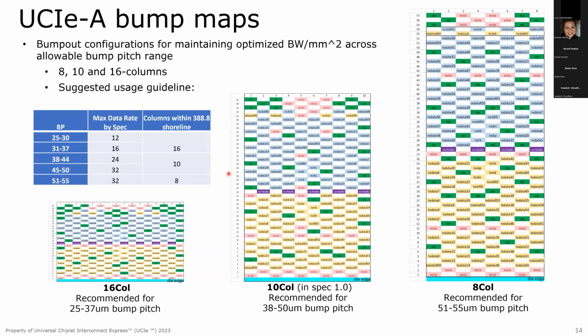So UCIe advanced bump maps, to walk you through this quickly: we have in the specification today 25 to 55 micron bump pitch support. And depending on where you are in terms of region of bump pitch, we have different maximum data rate supported. This should make sense intuitively.